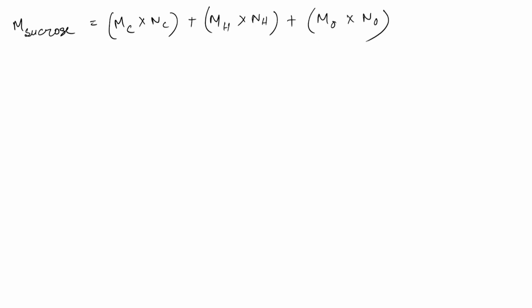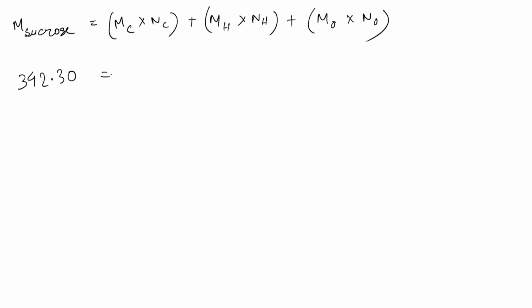So what will be the molecular mass of sucrose? Will be equal to mass of carbon into number of carbon plus mass of hydrogen into number of hydrogen plus mass of oxygen into number of oxygen. Okay. So mass of sucrose is given as 342.30.